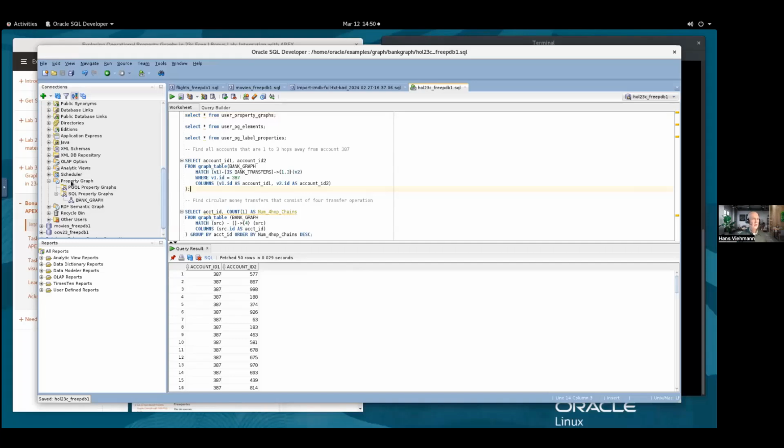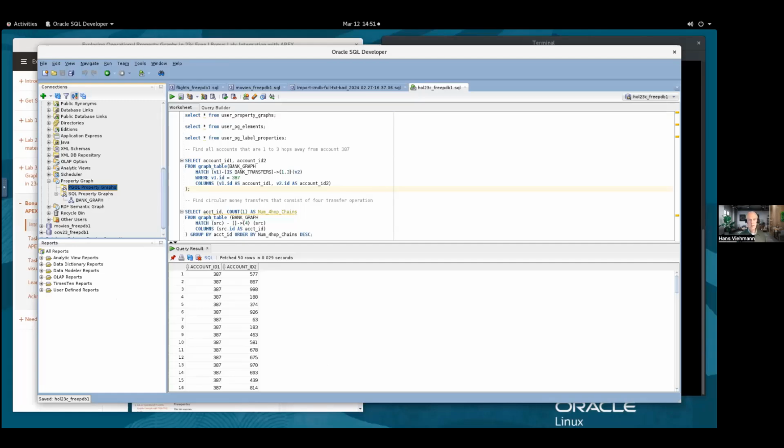And in SQL Developer, you can then see, okay, we are supporting both PGQL property graphs as well as SQL property graphs, and here we have a SQL property graph in the database to work with. You could use PGQL actually also here if you had a property graph here in your SQL Developer, right?